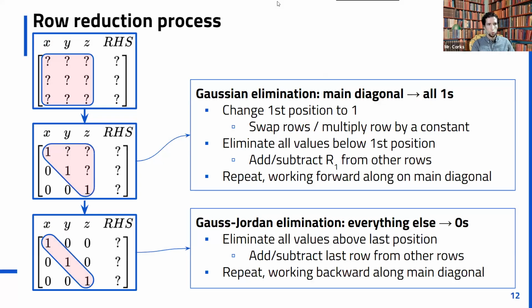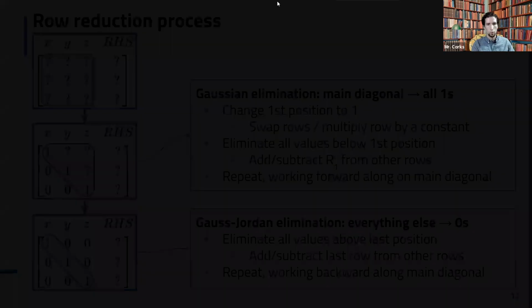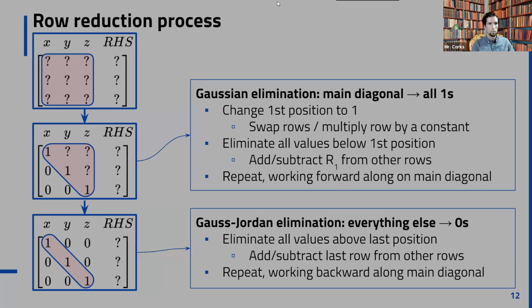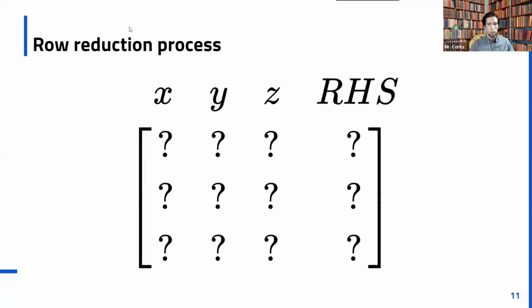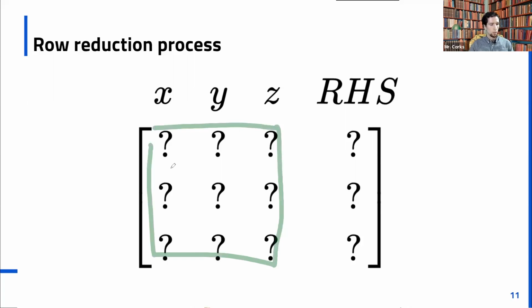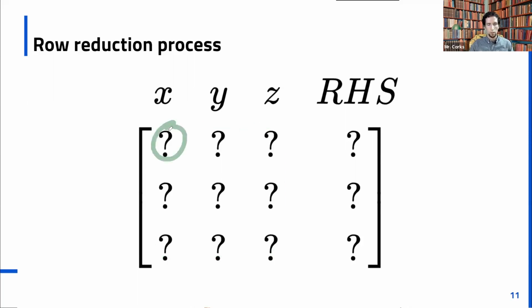Let me just go back to this and repeat what our process was. Typically, we start with the box and we work down our main diagonal. First position, choose one variable we're going to solve for, and then eliminate everything below that. Then you'll get to a system with 2 equations and 2 unknowns.